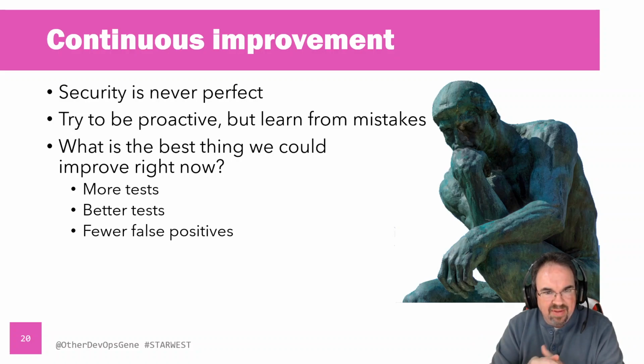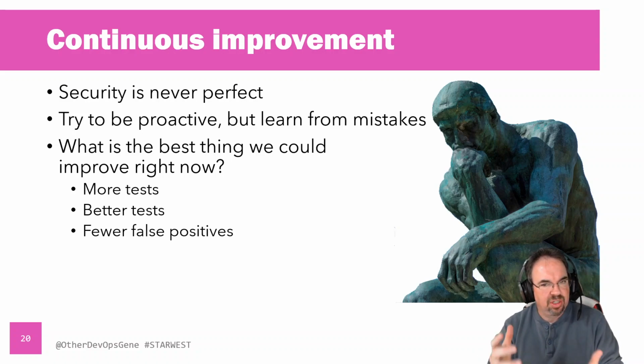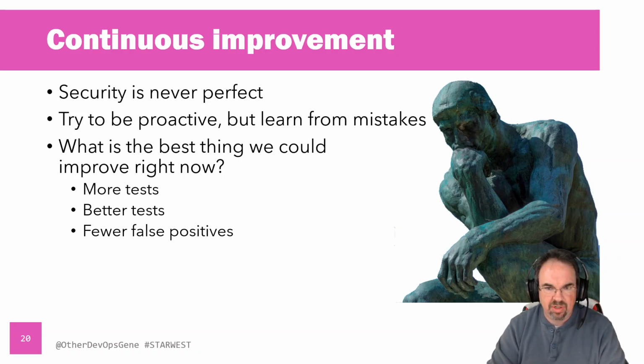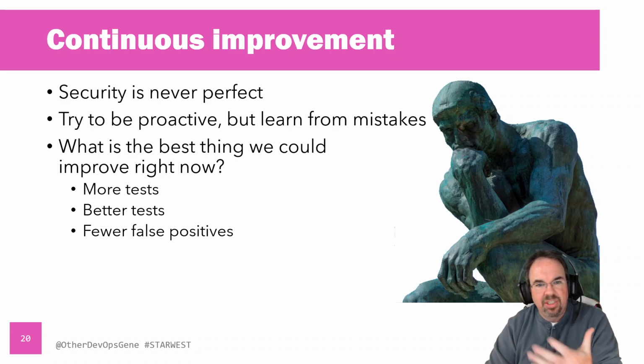Some places will do a root cause analysis. The goal of that isn't supposed to be blame. It's supposed to be, what could we have done better? What should we be doing in the future so that this doesn't hurt us as badly, or so that this doesn't happen again?